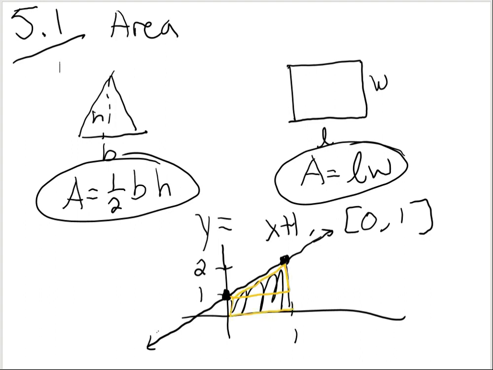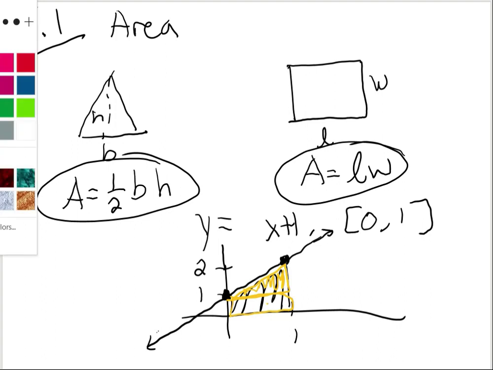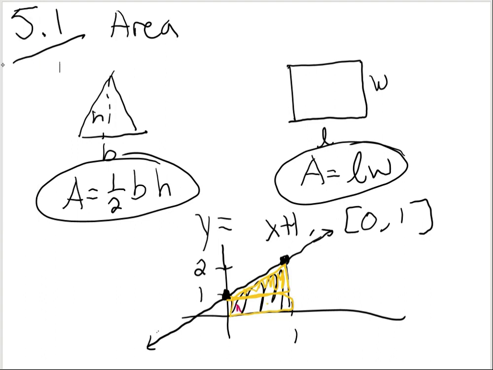I can break it into a triangle, this one up here, and then a rectangle, this one down here. And we can find each area individually. The area of the triangle itself would be half times the base.